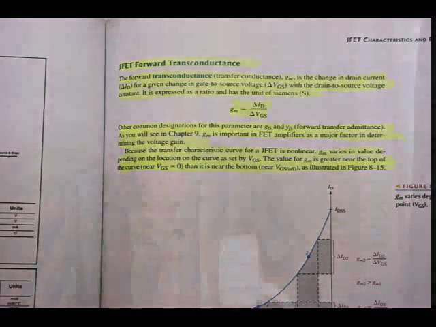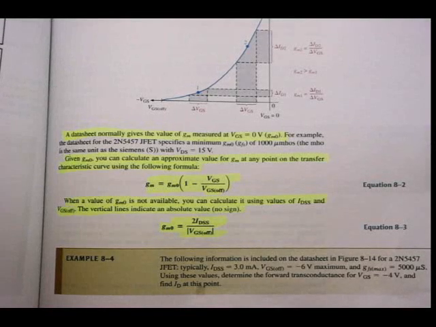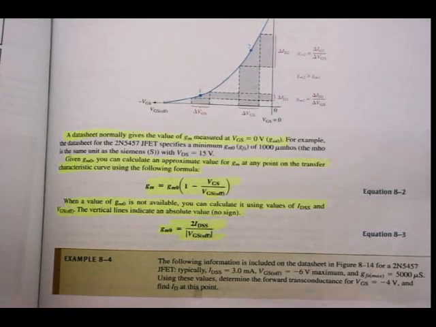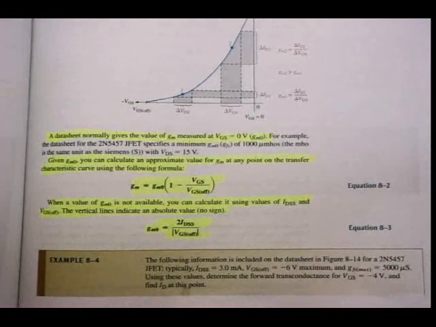Let's have a look at the examples at the bottom of the page. The following information is included on the datasheet in figure 8.14 for a 2N5457 JFET. Please go and check that you can find these values on the datasheet, just to get some exercise in how to use the datasheet.